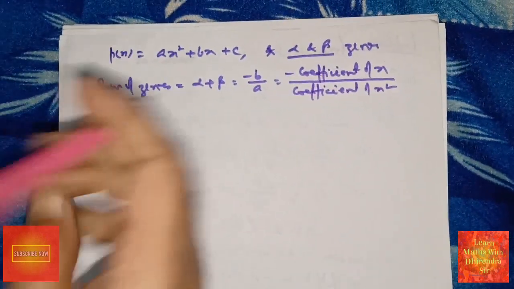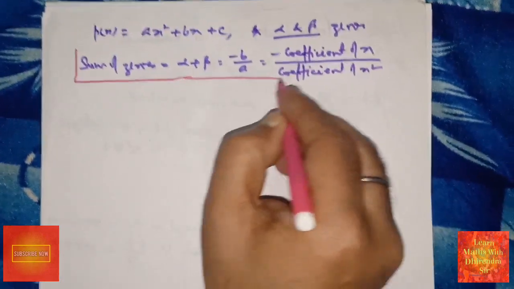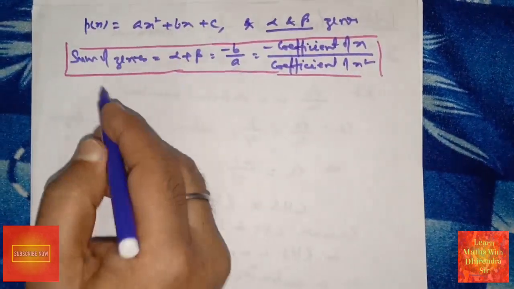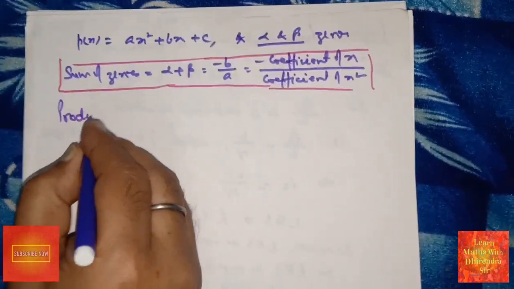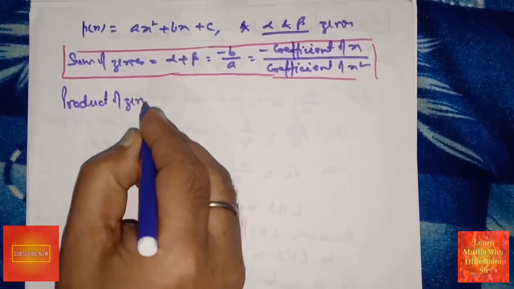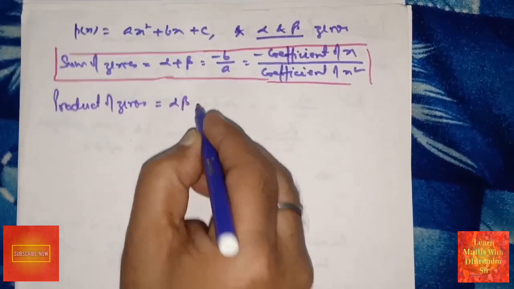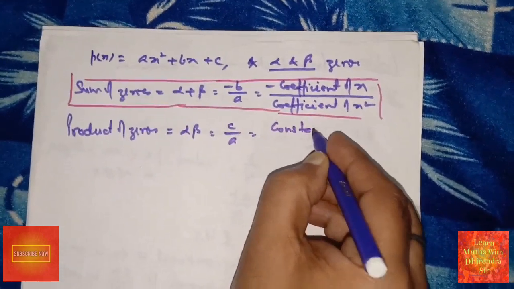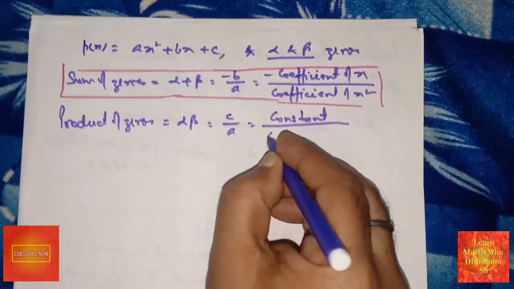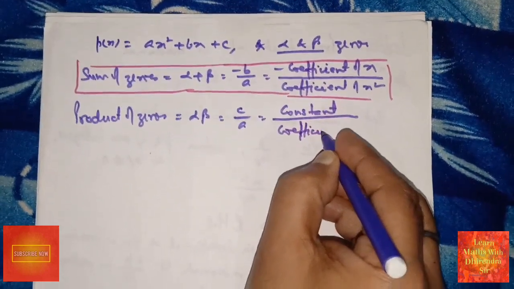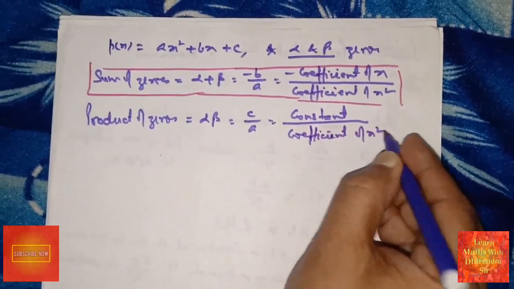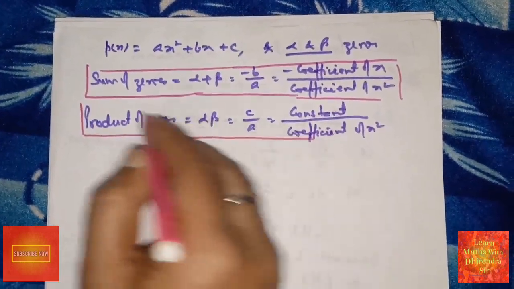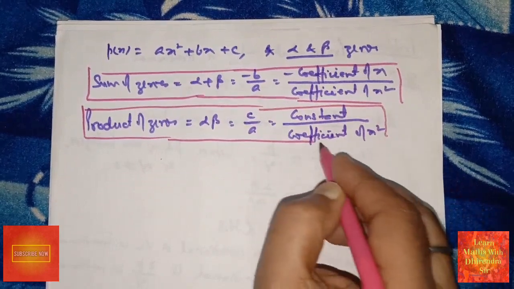It means you got a formula like this. And product of zeros equal to alpha into beta equal to c upon a, constant upon coefficient of x square. Is it clear? That is the product of zeros.